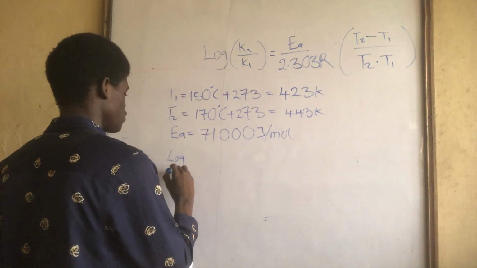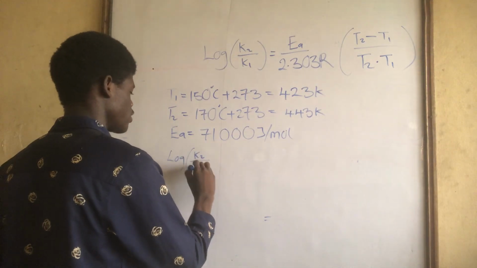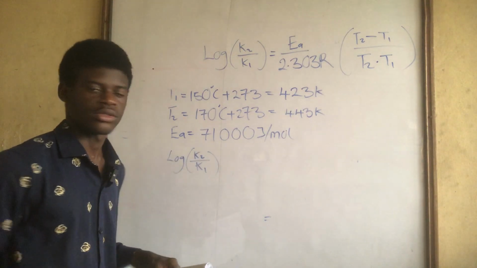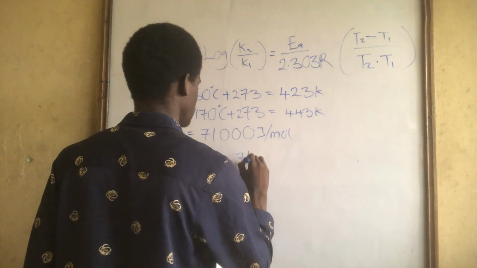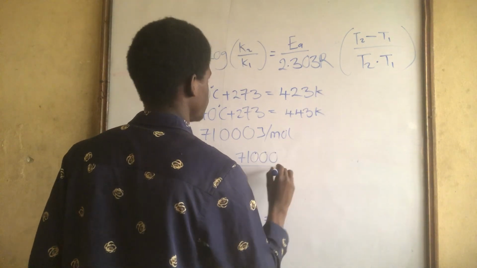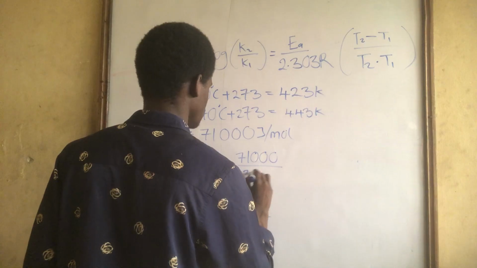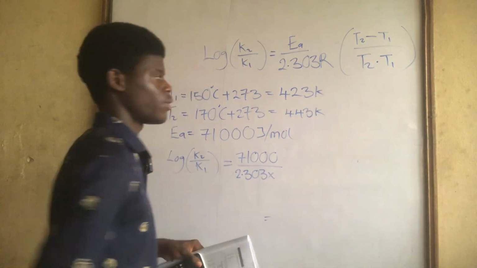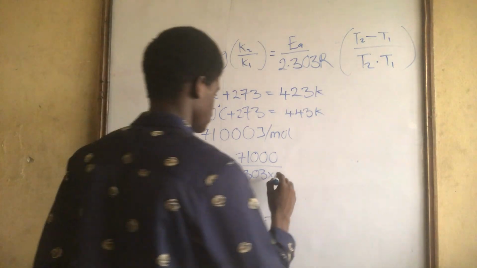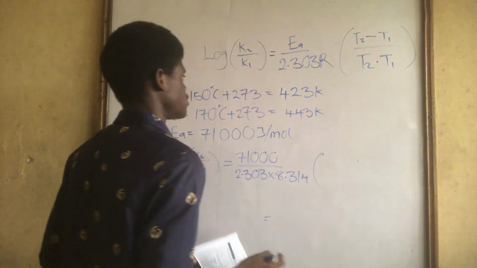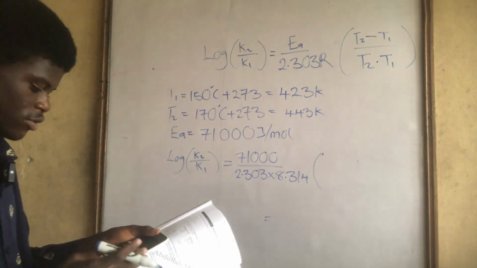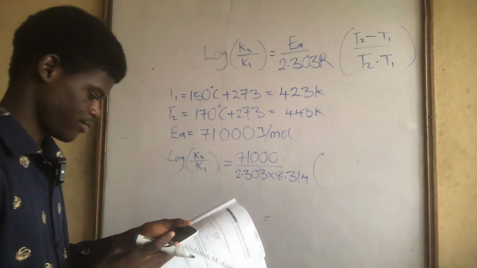That's log K2 over K1. So log K2 over K1 is equal to our activation energy, 71,000, over 2.303 times our molar gas constant, which is 8.314, times the difference in temperature, 443 minus 423.